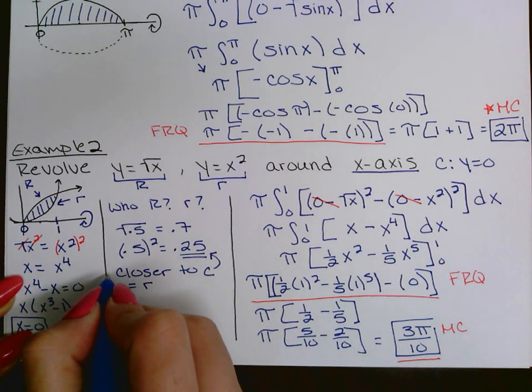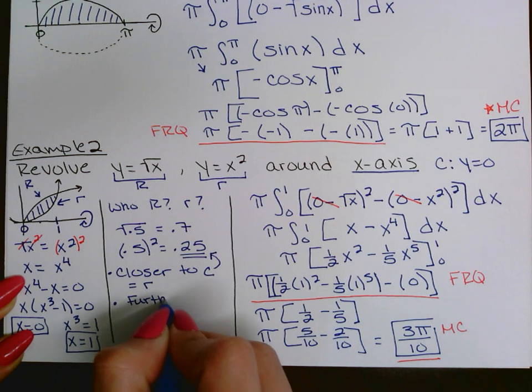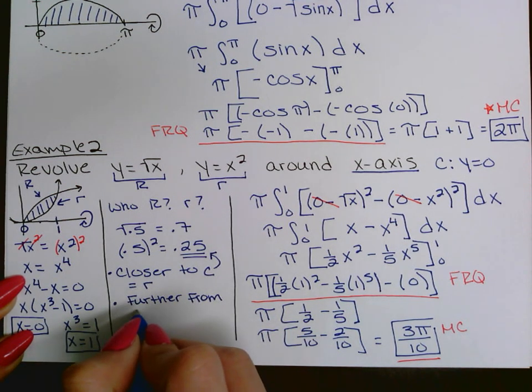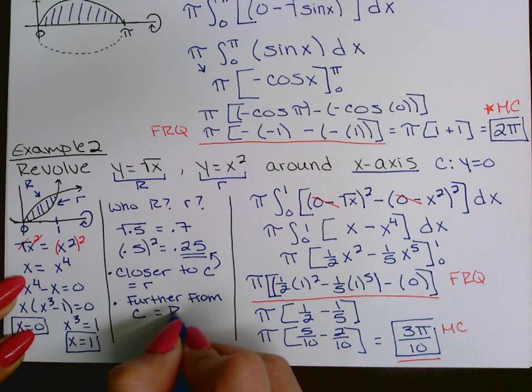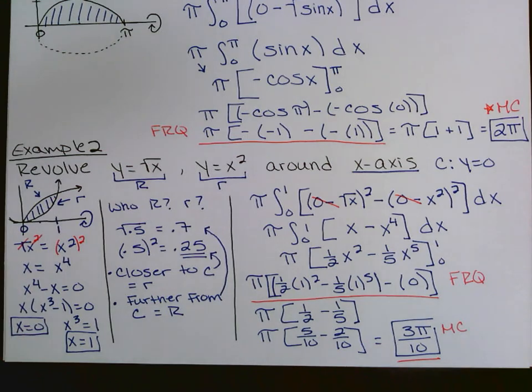And then further from C would be my capital R. And we know that 0.7 is further from 0 than 0.25 is.